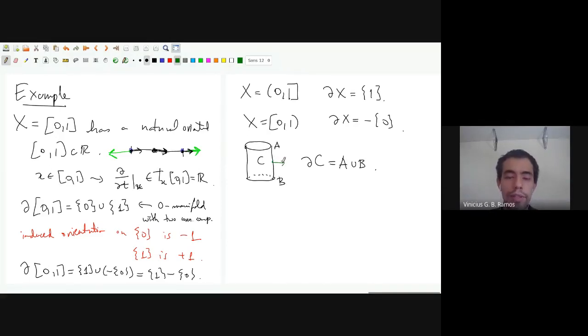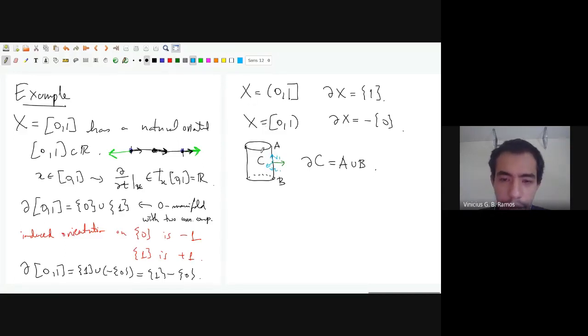So if we choose the normal like this, so if you think of the cylinder as the boundary of the solid cylinder, then there is a natural orientation. So this guy, and this guy, and this is V1, and this is V2. Okay, so in this order, 1, 2, 3. So now this will induce an orientation on A, and I'm going to draw the orientation.